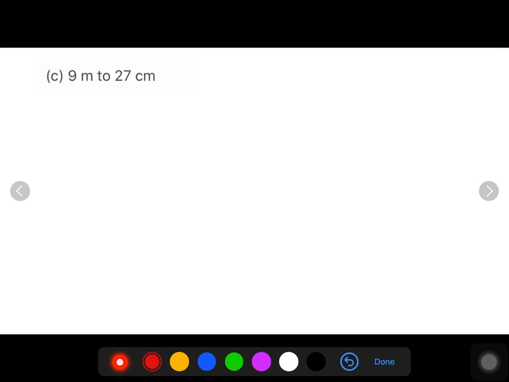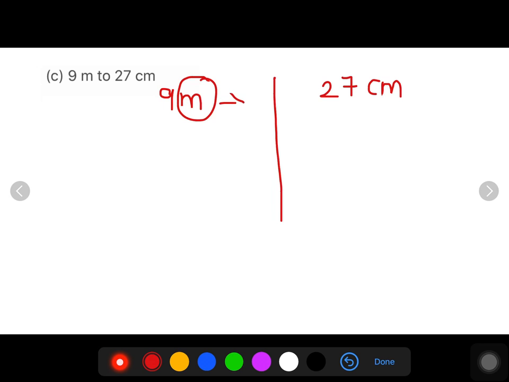Third question. 9 meter to 27 centimeter. Again we'll write down: the first quantity is 9 meter, the second quantity is 27 centimeter. Here also we'll convert meter to centimeter. So 1 meter is equal to 100 centimeter.